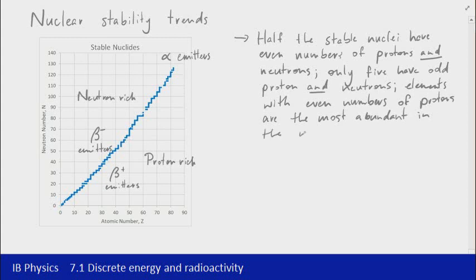So there's the first trend. It's all about the fact that even numbers tend to dominate when it comes to stability.